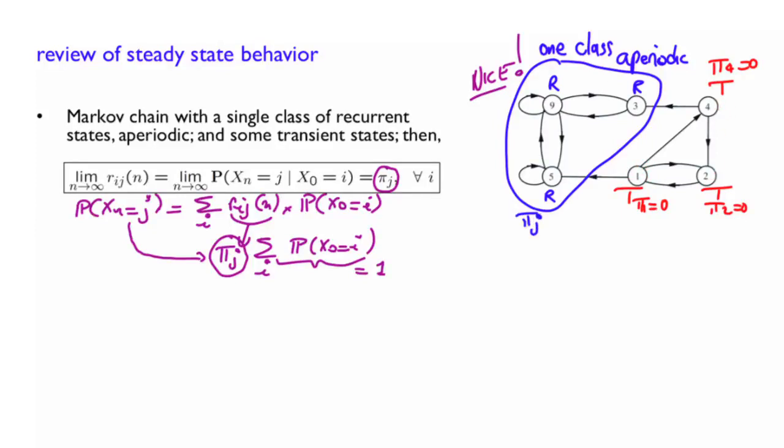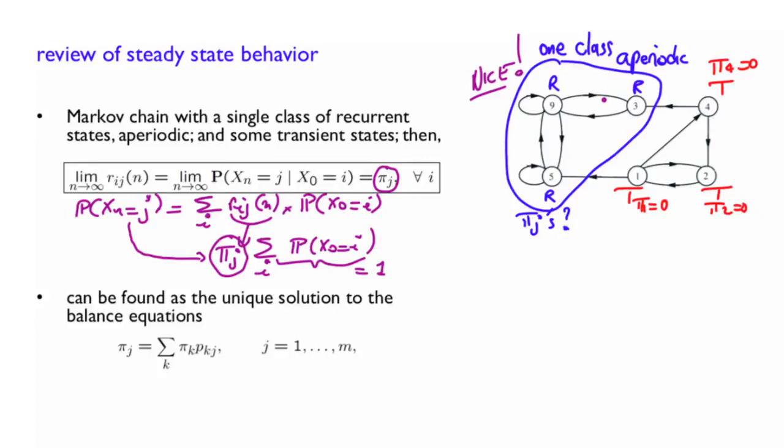Now, how do we calculate these? Well, for these states in the recurrent class, we compute them by solving a linear system of equations, which are called the balance equations. These, together with an extra condition, the normalization equation, have to be satisfied because these are probabilities and they have to sum up to 1.